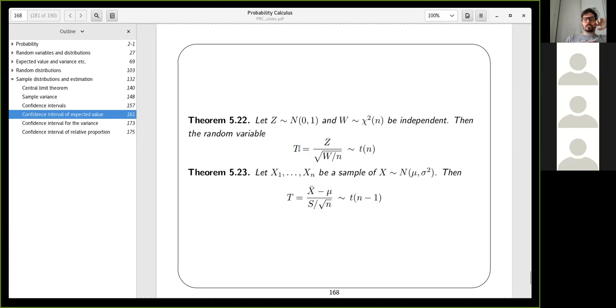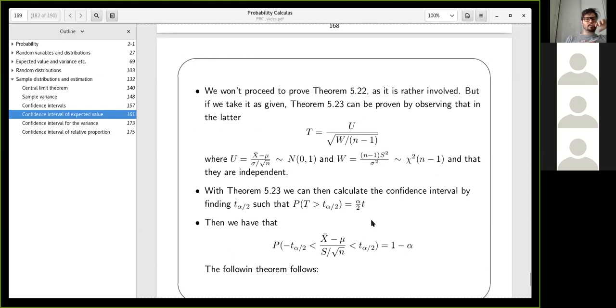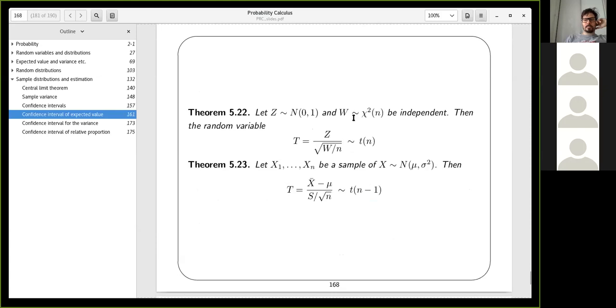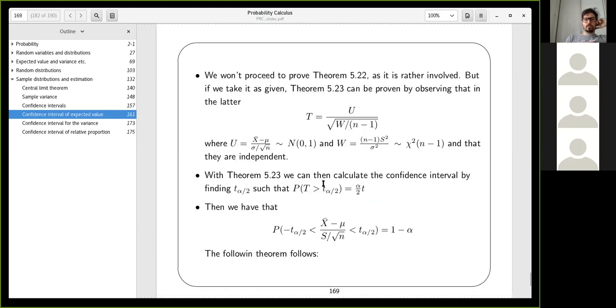This one we won't prove. This is quite involved. But given this, we can easily prove the result, and it comes from this. Let's rewrite the latter part as U over the square root of W over n minus 1. U is N(0,1) distributed. The actual variance appears here, and the actual expected value appears here.